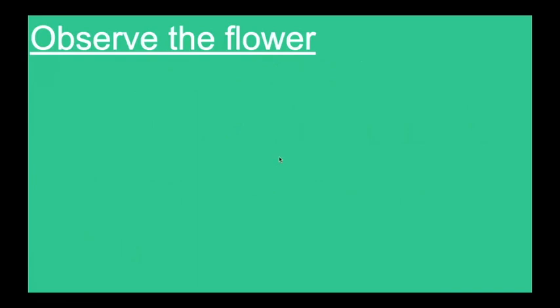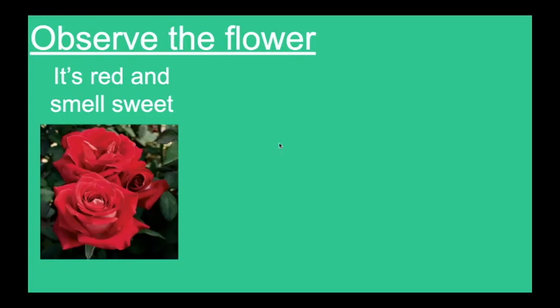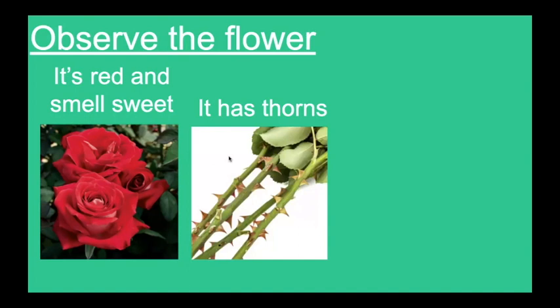All right, and I will show you some examples from the previous lesson. If we observe the flower, we can see with our eyes that it is red and smells sweet, and it has thorns.